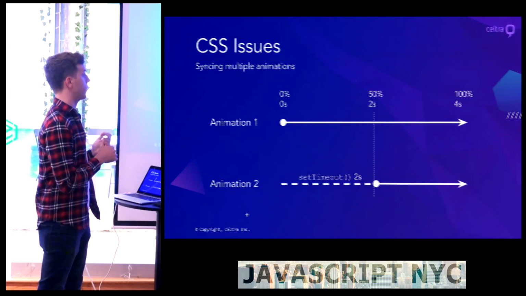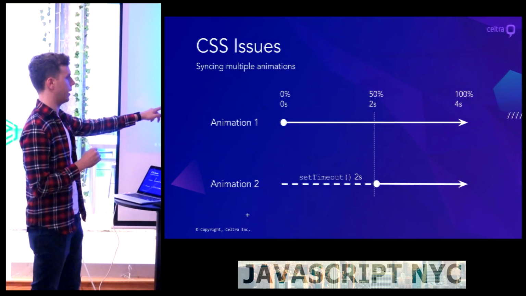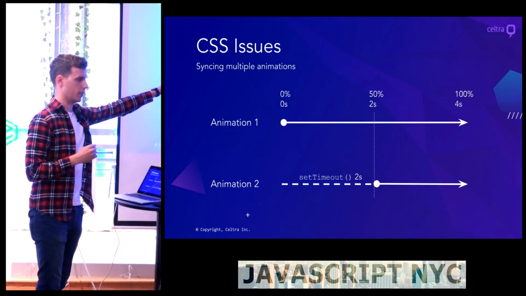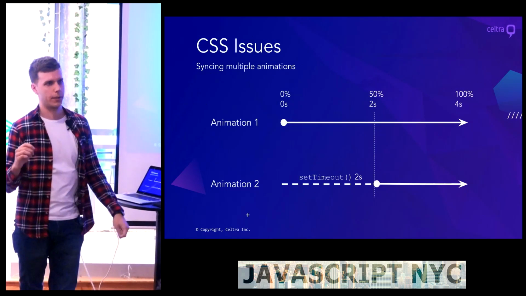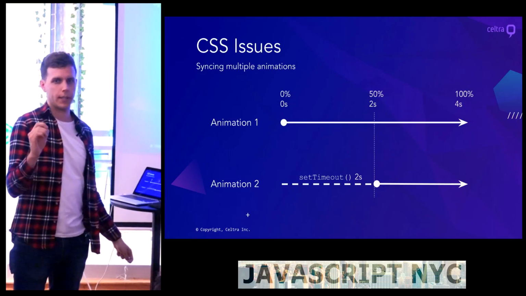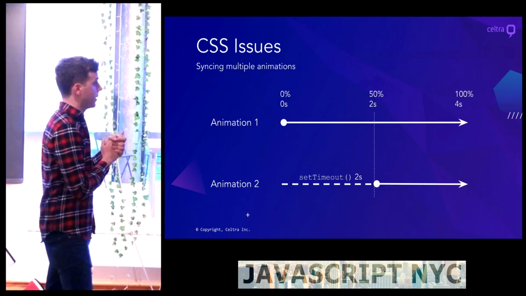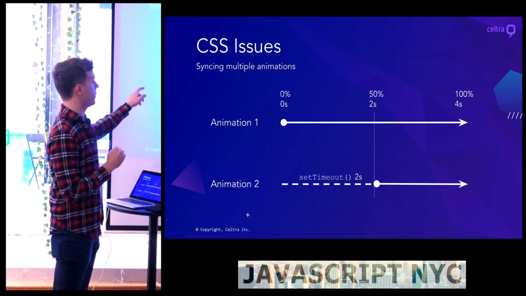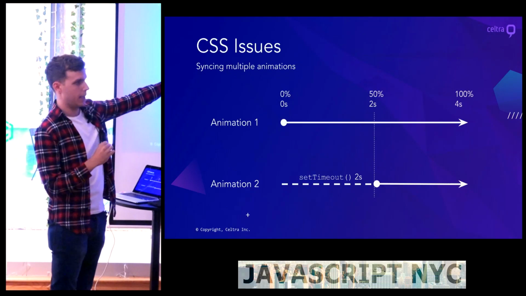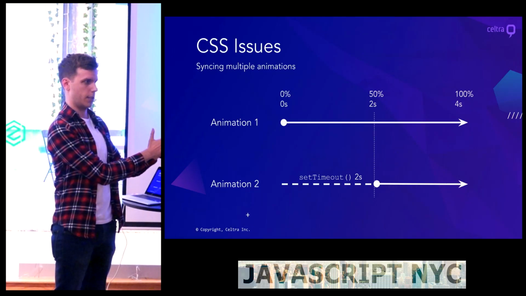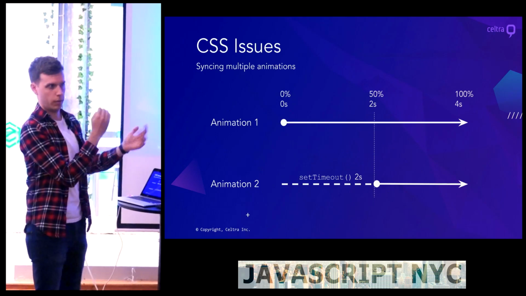So it's not reliable that we would start the second animation after 2 seconds. The next thing, when we start the first animation, as I was just describing on the previous slide, we could get an animation delayed start. So if we get a delayed start, we won't reach 50% after 2 seconds, but after 2 seconds plus the delayed start at the beginning. Does this make sense? Hopefully, okay.